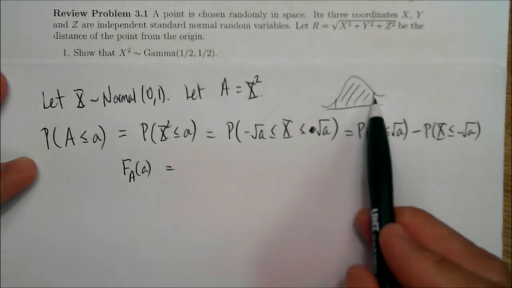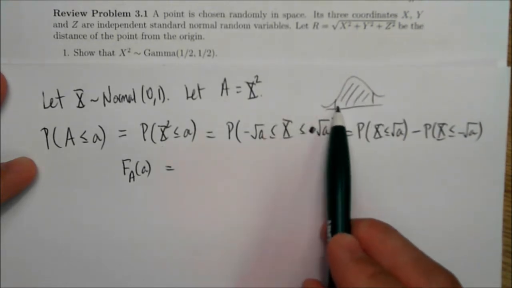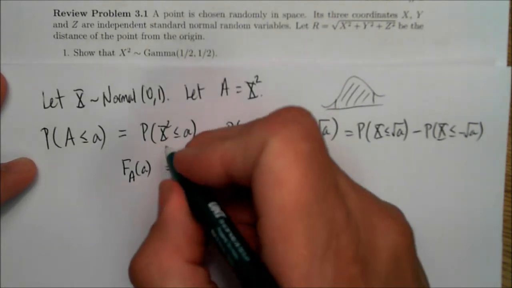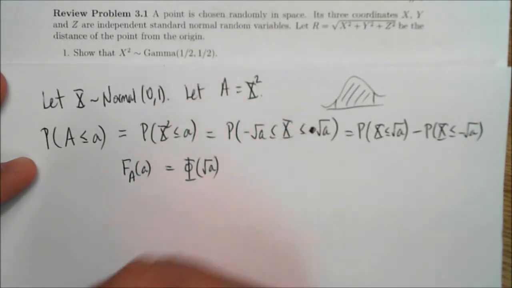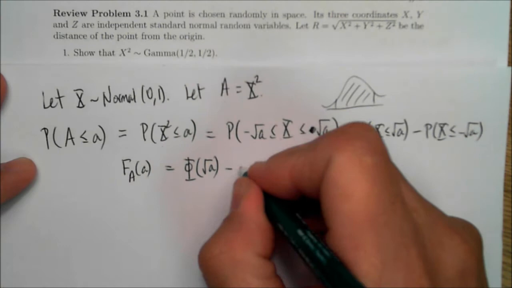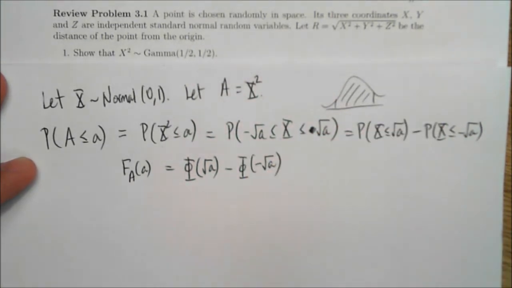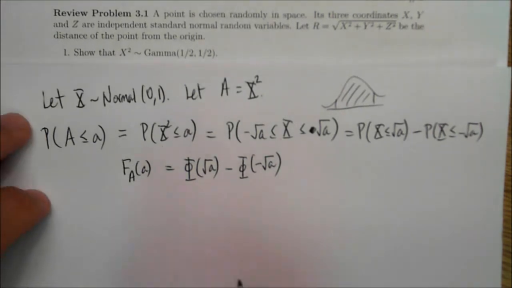And so I take the area to the left of square root of a, take the area to the left of negative square root of a, and subtract, and that's the area between negative square root of a and square root of a. So this is equal to the CDF for the standard normal distribution evaluated at square root of a minus the CDF of a standard normal distribution evaluated at negative square root of a. So that is the CDF of capital A.